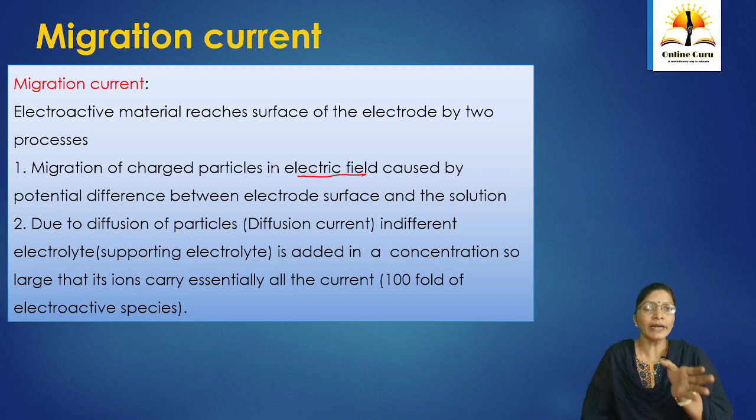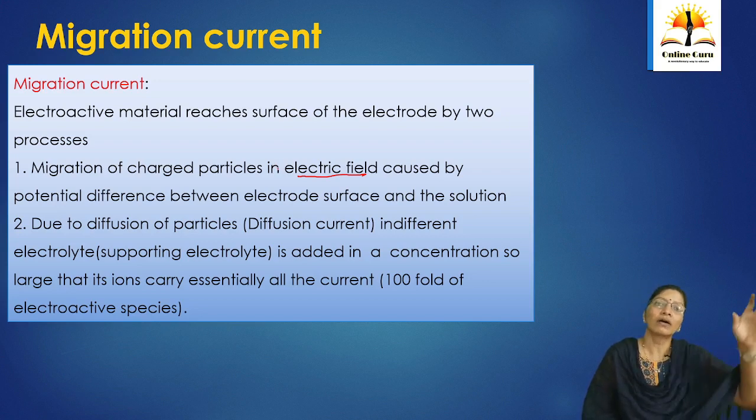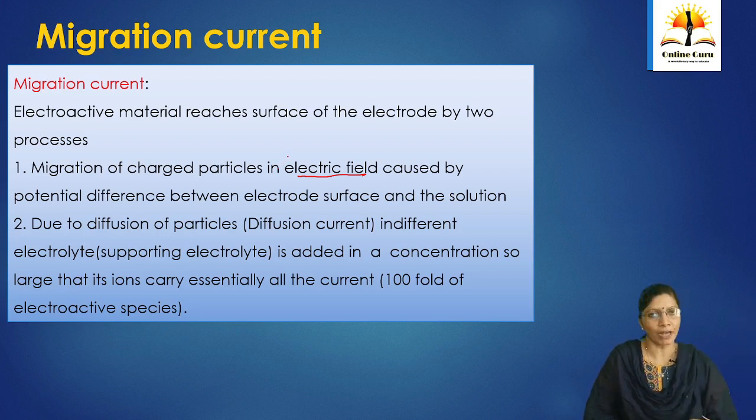The supporting electrolyte is going to migrate. Even that is not going to decompose. Why is it not going to decompose? It has a decomposition potential greater in magnitude than that of the analyte. So like the analyte, it is also not going to decompose, but it is going to migrate from its place. Why is that so?